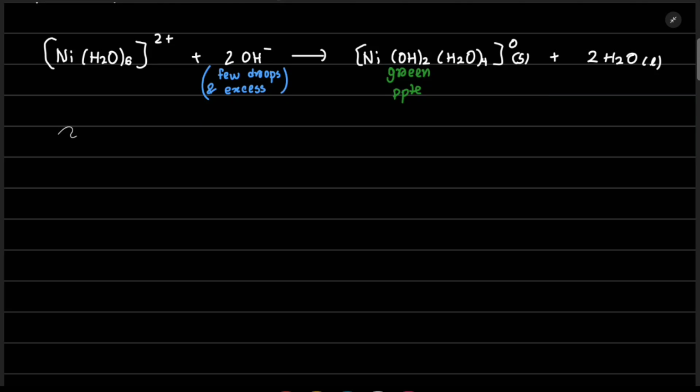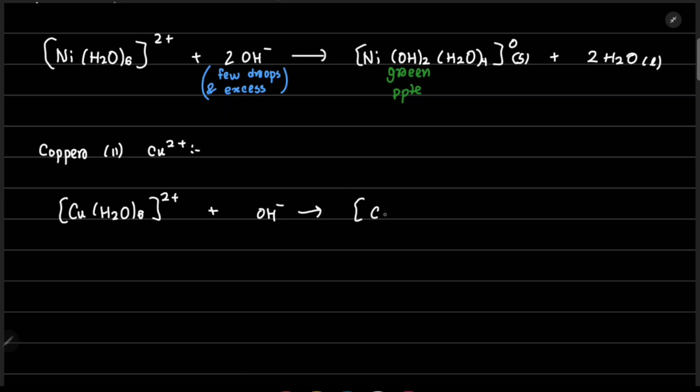Then we go to copper, Cu2+. We have [Cu(H2O)6]2+ plus OH- which gives us Cu(OH)2(H2O)4 solid plus 2 moles of water.